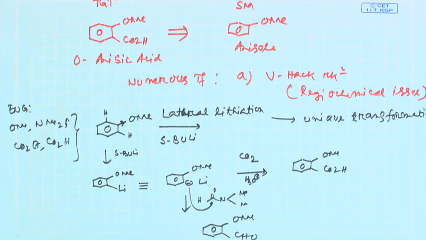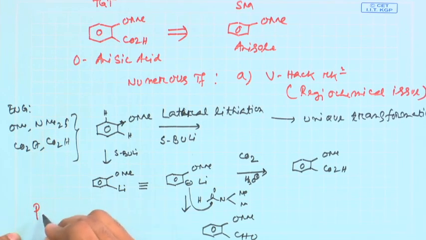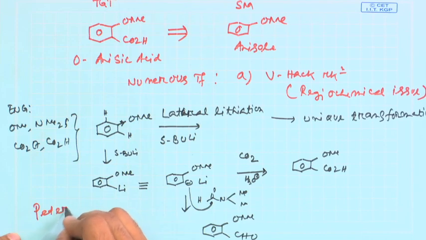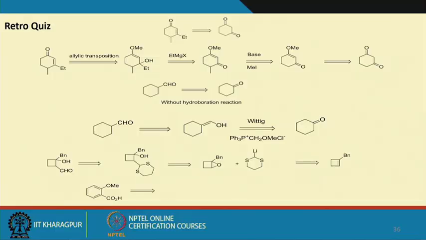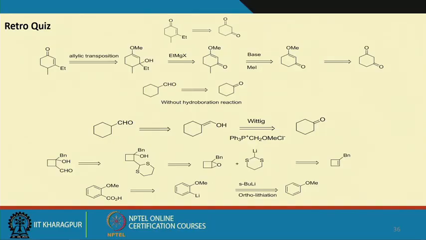This chemistry was first pioneered or explored by Professor Peter Beak, and it is called Beak lithiation, and that is a very interesting transformation. We have given the same thing through a retro arrow in the PowerPoint slide, and we find that this is our main target molecule.